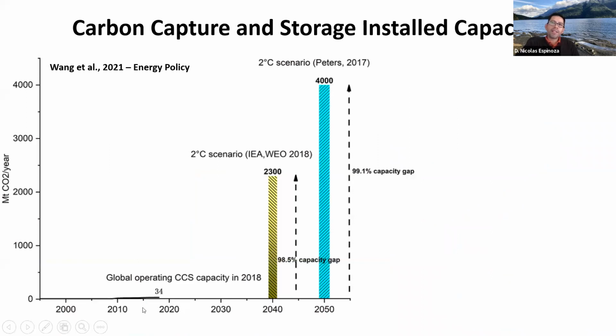If you look at the current installed capacity, it's about 34 million tons per year. And the objective that we have for 2050 is about 4,000 to 6,000 million tons per year.